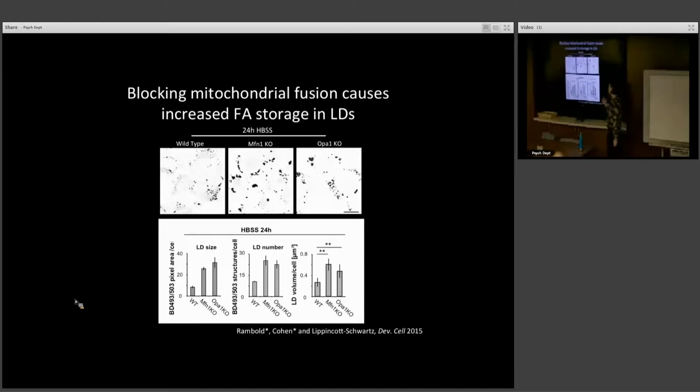The MFN1 and OPA1 knockout cells that can't fuse their mitochondria do have bigger and more lipid droplets during starvation than wild-type cells. But we weren't convinced that this could completely compensate for the lowered fatty acid metabolism.